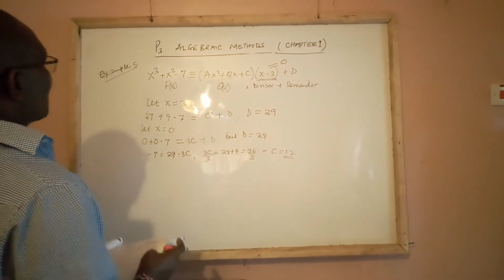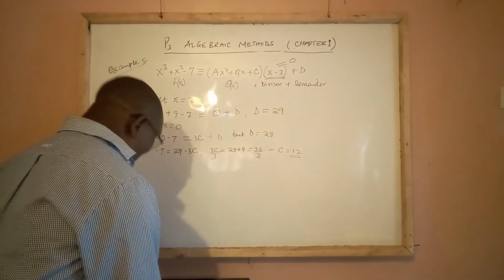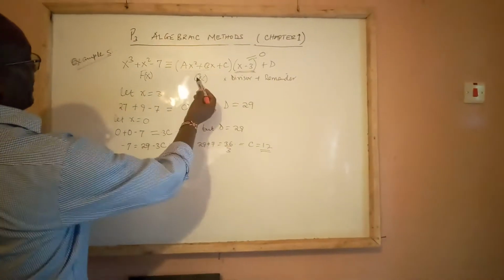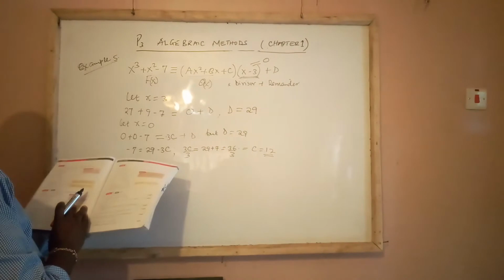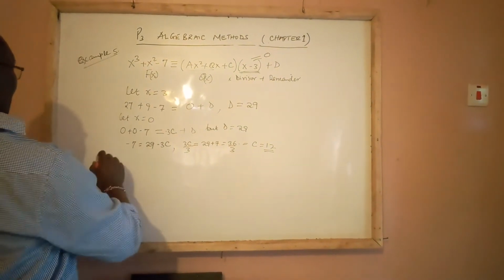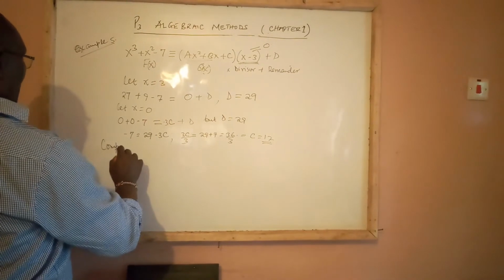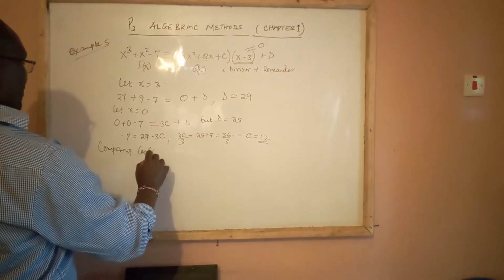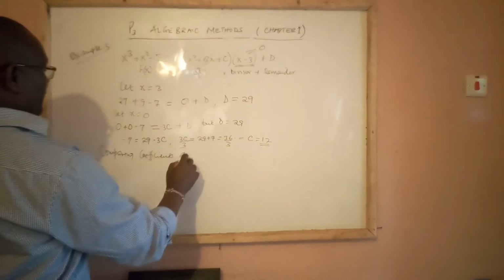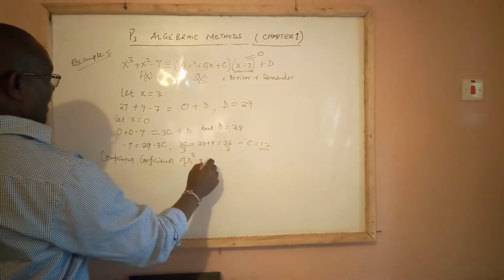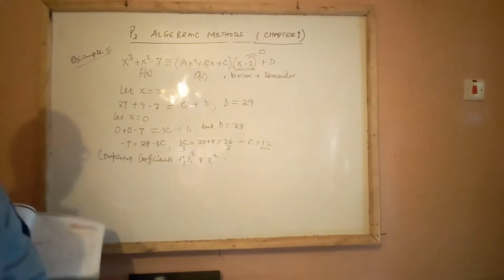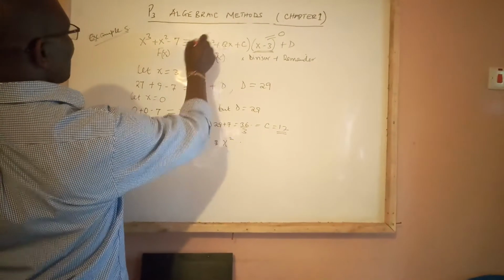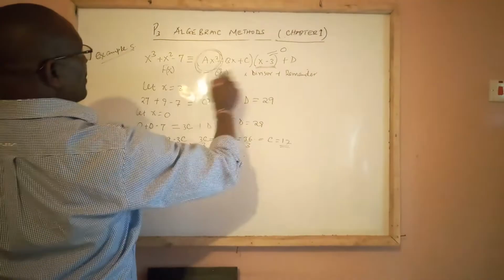At that point, if we decided to open that bracket, we can go to the level of comparing coefficients of x cubed and x squared. How do we find x cubed on the right-hand side?